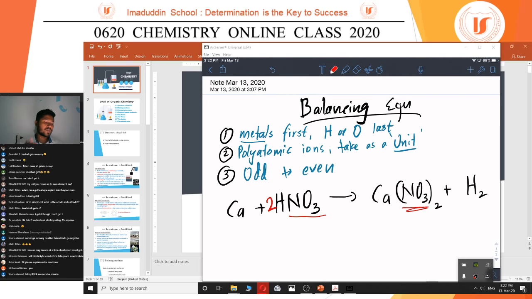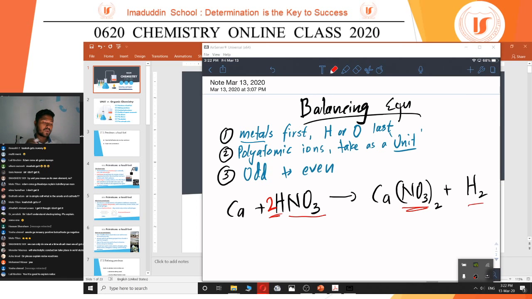So that means you are taking the nitrate as a whole for both sides. In that way, you are automatically balancing the hydrogen as the last one as well. Here I didn't check calcium first because calcium is already balanced.